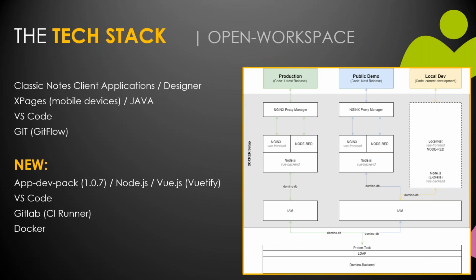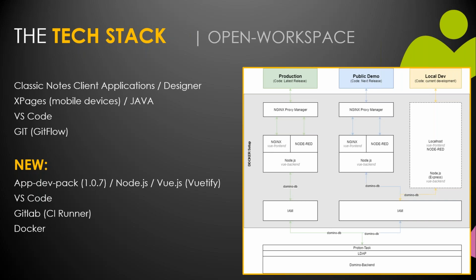What needs to be done beforehand is we decided to have a completely new tech stack. So we're still using the Notes client, so we use Domino Designer, and we're still using XPages, which we write mainly in Java. We use Visual Studio Code as our editor, and we use a Git server with Git Flow.